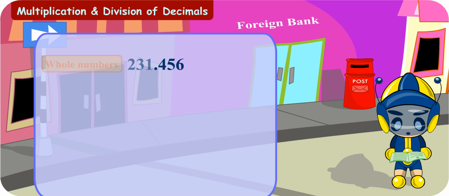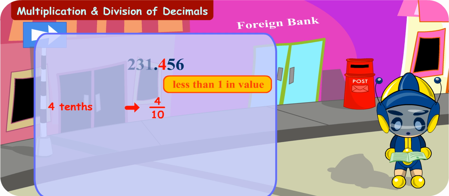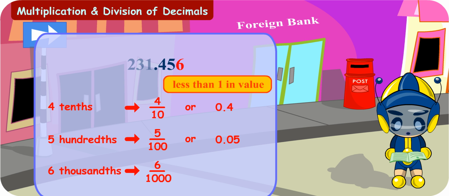The digits after the decimal point are less than 1 in value, and the value of each digit is 4 tenths or 0.4, 5 hundredths or 0.05, 6 thousandths or 0.006.